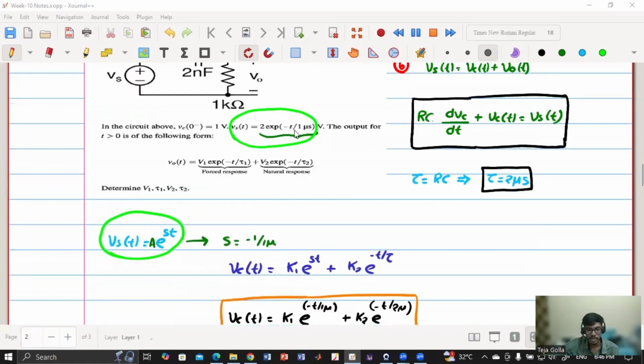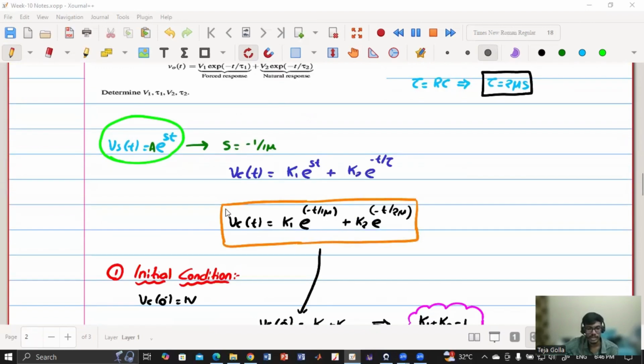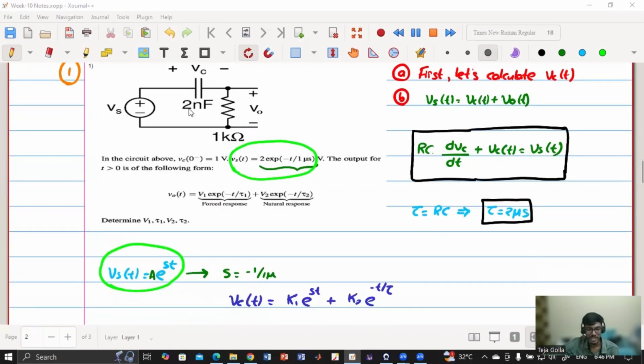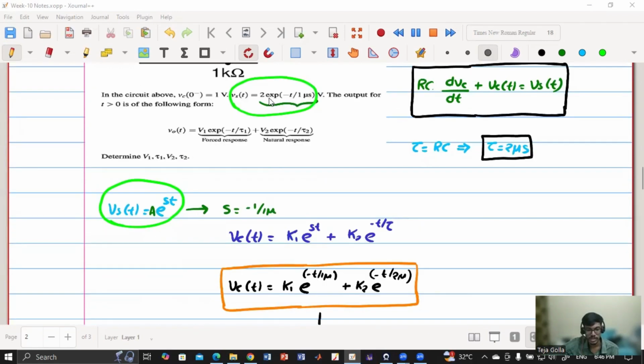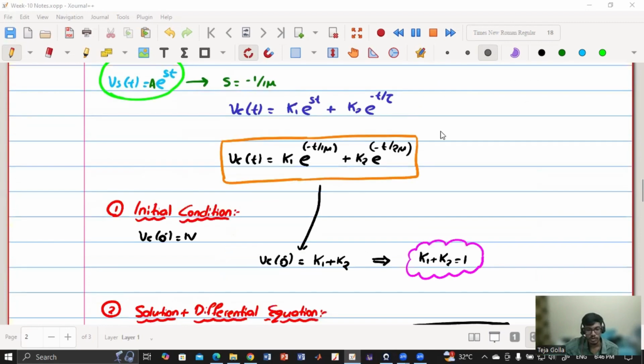Here the input is also decaying, so that's why we got it. If the input is e to the power minus t by 1 micro, then it will be e to the power minus t by 1 micro. So we have written the generalized solution for Vc of t for this input, which is a scaled version of this exponential term plus a scaled version of this decaying term that we get from the natural response, and tau is 2 microseconds. Now once we have this, how do I find K1 and K2?